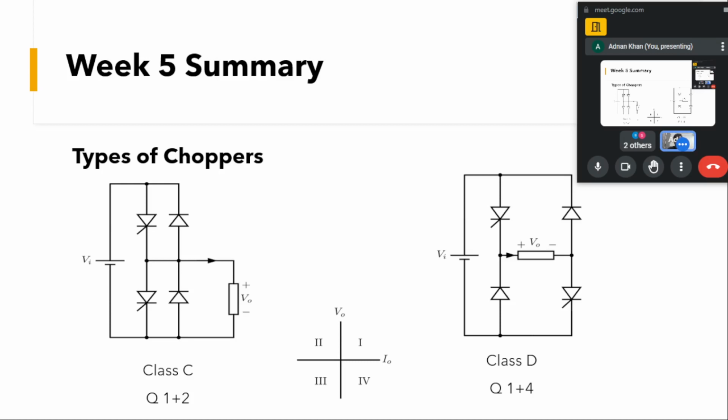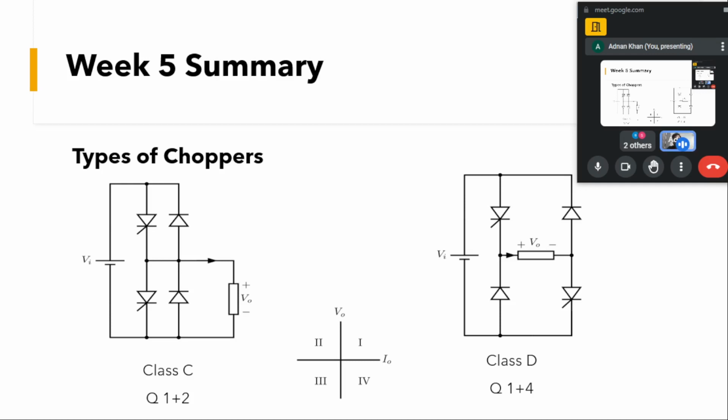So here we saw that either we had a positive voltage and the current was bidirectional, giving first and second quadrant, or the current is unidirectional and we had the voltage with positive as well as negative polarity. Then we had the 1 and 4.